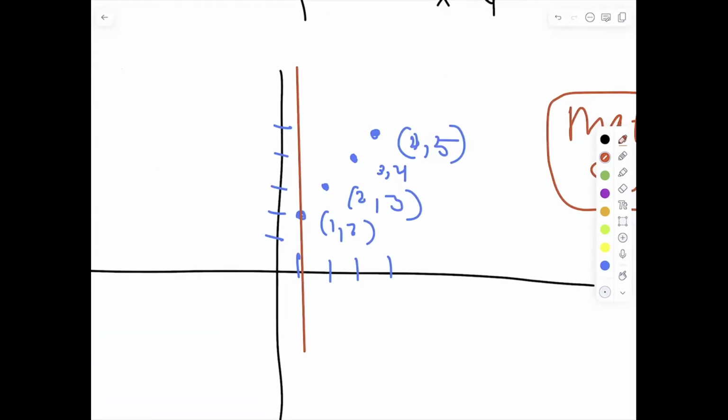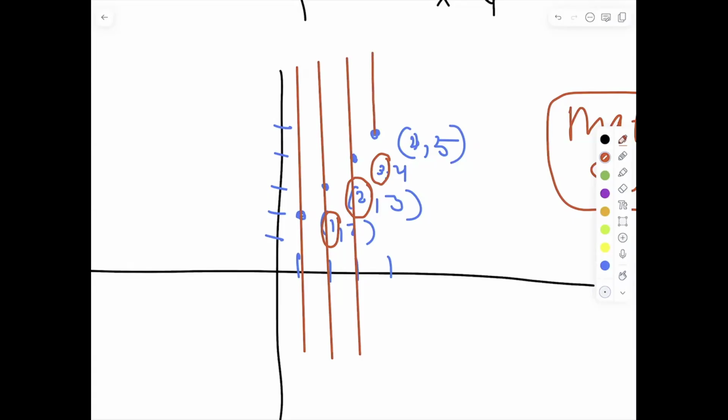How many times did I touch the X value? Once. I'm going to do a vertical line test on the next value, which is (2, 3). How many times did I touch the X value? Once. I'm going to do a vertical line test at (3, 4). How many times did I touch the X value? How many times? 1.